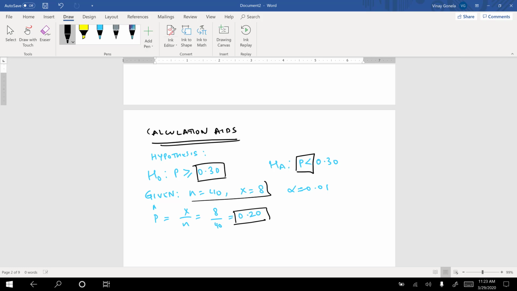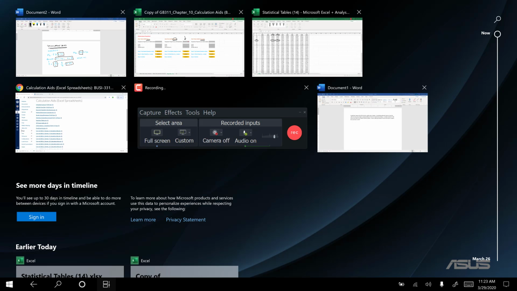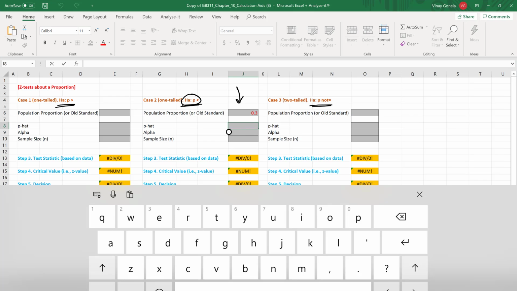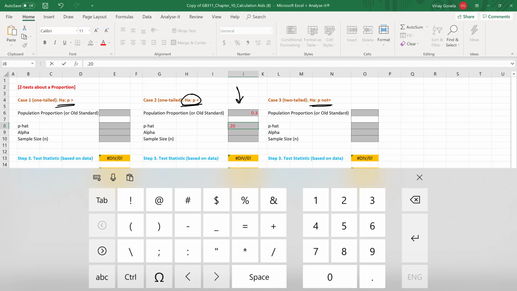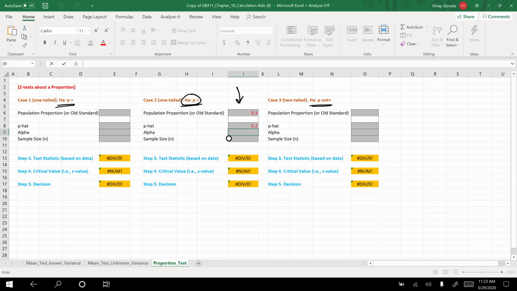If these values are given, you have to calculate p hat by using this formula. So p hat is 0.20. And then alpha is 0.01.